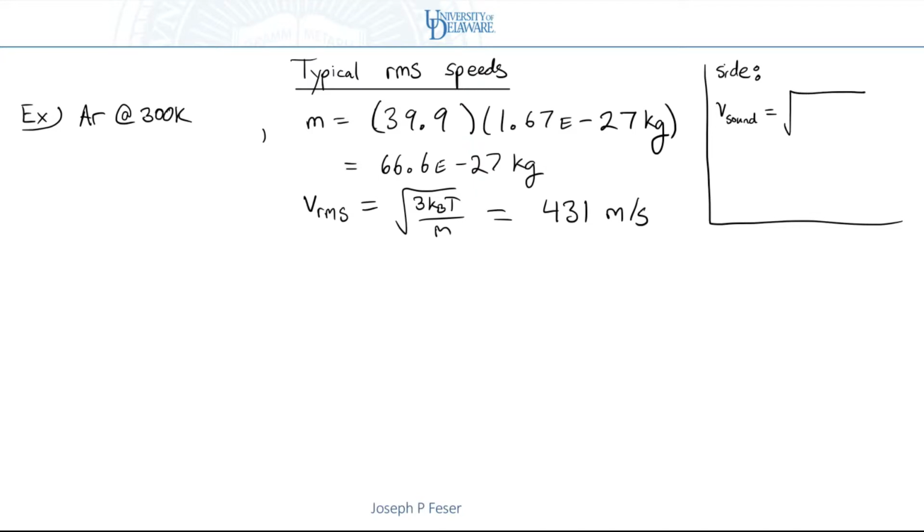I won't derive this, but if you take a fluid mechanics course, the exact formula for the speed of sound in a gas is the square root of gamma times kBT over m, where gamma is the ratio of the constant pressure heat capacity to the constant volume heat capacity, which for most gases is about 1.4.